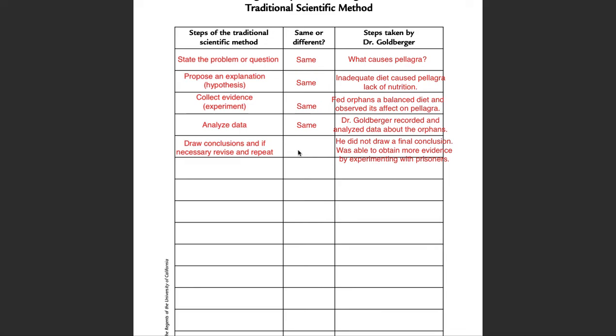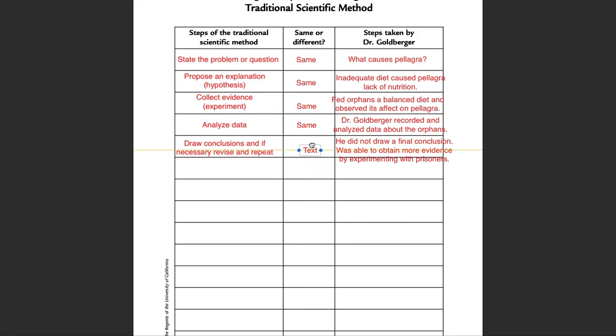Last one, draw conclusions and, if necessary, revise and repeat. He did not draw a final conclusion, so he had to conduct another clinical trial involving a different set of population, prisoners. If he had used the same people, we would say this step is the same, but since he used a totally different set of people, we would have to say this step is different, along with the fact that he wasn't able to draw a final conclusion.